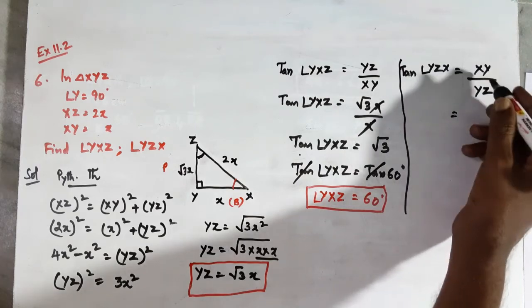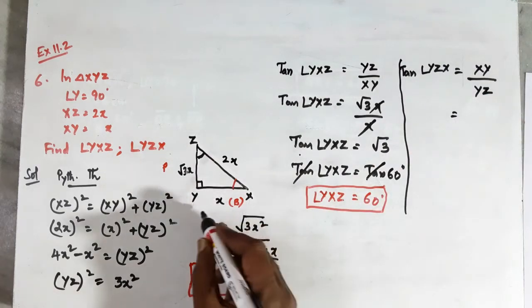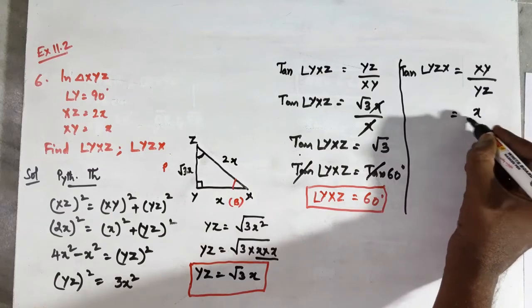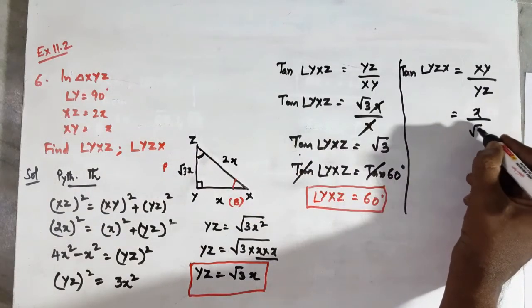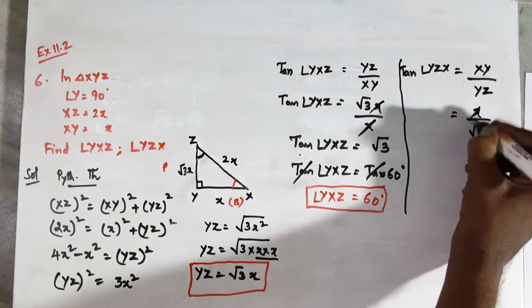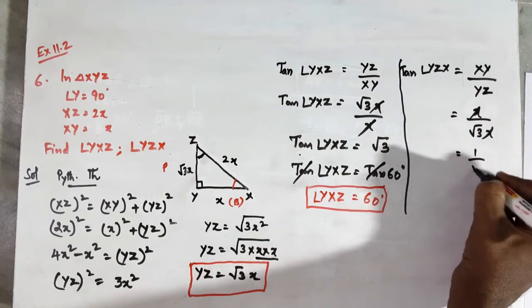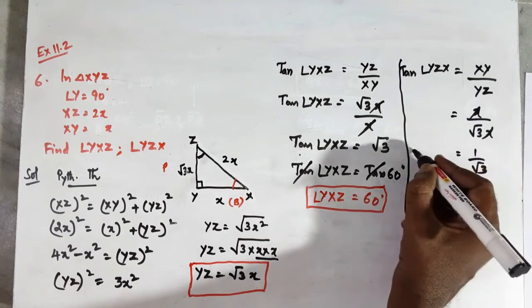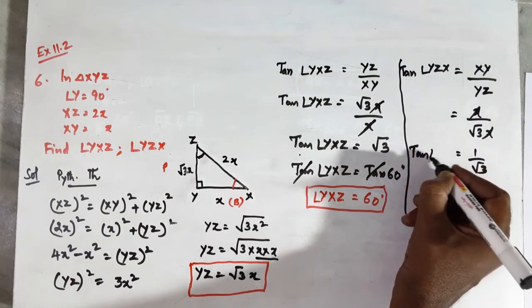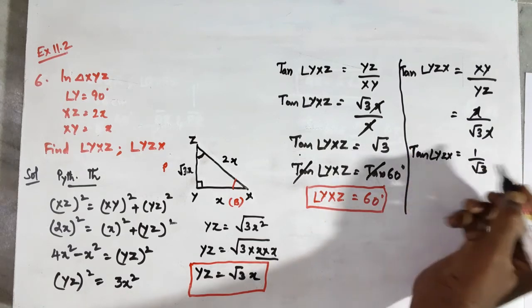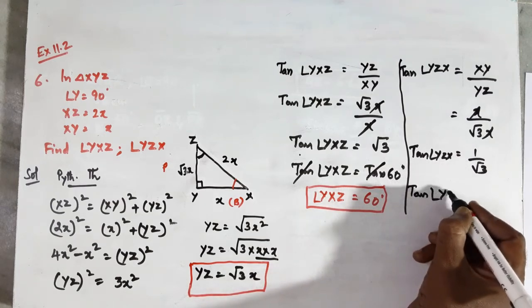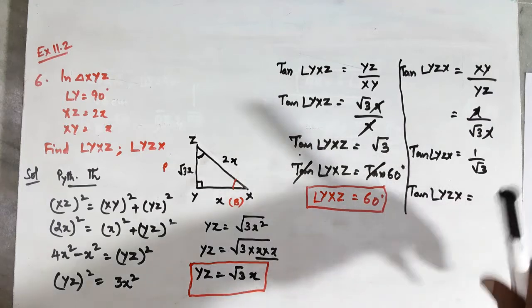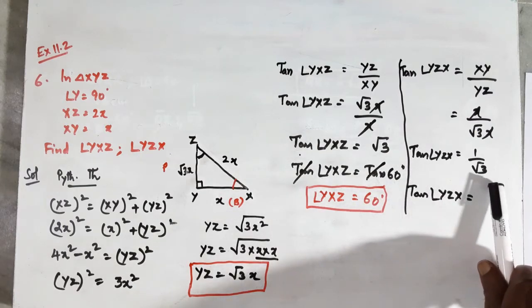So what is the value? XY is x, YZ is root 3x. X cancels, that is 1 by root 3. So tan angle YZX is equal to 1 by root 3. In terms of tan, where do you get 1 by root 3?